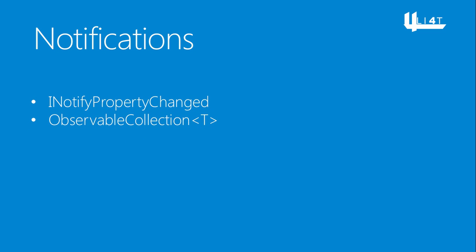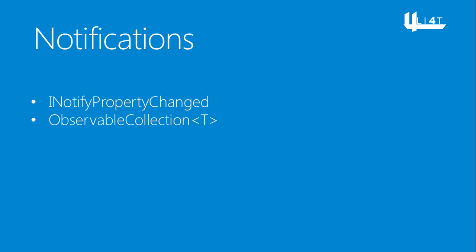Now, the interfaces that we will be using for notifications, in fact, the second one is not an interface, only the first one, but the one that we are going to be using is INotifyPropertyChanged. The INotifyPropertyChanged is going to raise an event whenever one of the properties changes.